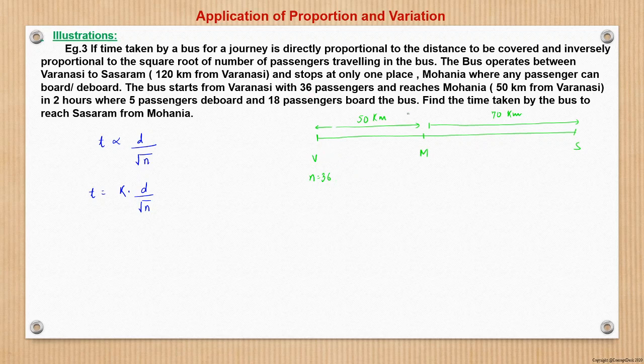Here 5 passengers deboard and 18 passengers board the bus. So N1 will be 36 minus 5 is 31, plus 18 is 49. Nowhere in between does the number of passengers change, and the bus with 49 passengers reaches Sasaram. So we have to find the time taken to reach this. This is basically the question summarized in a nutshell.